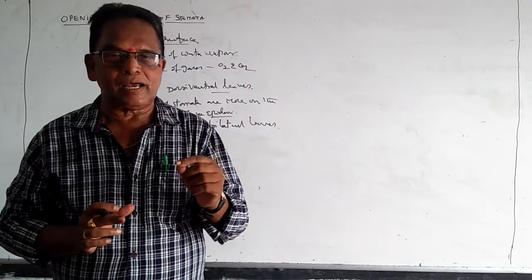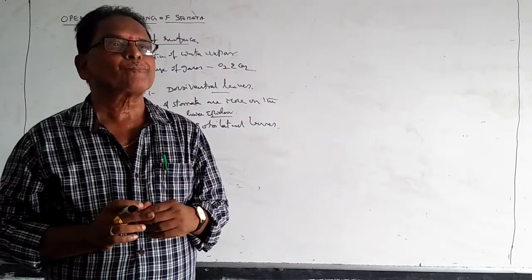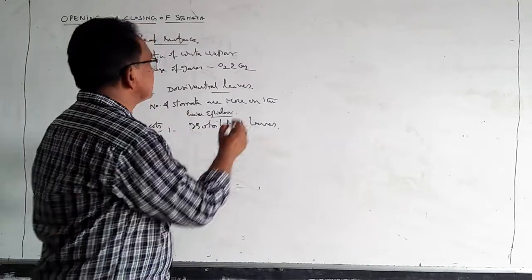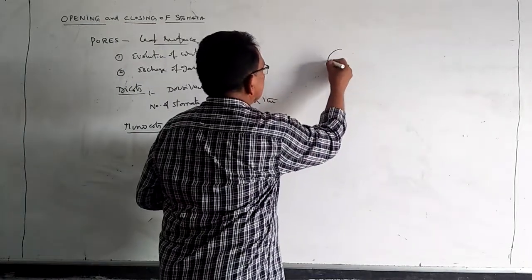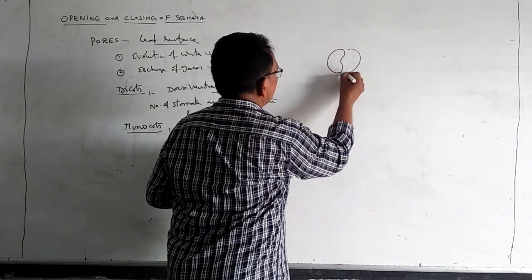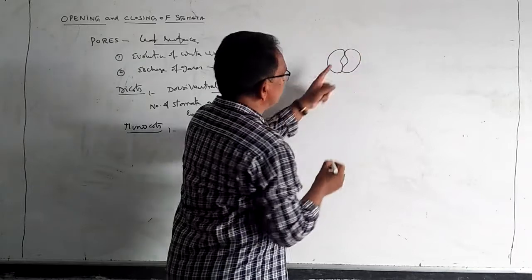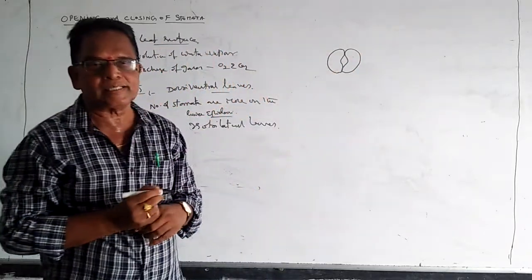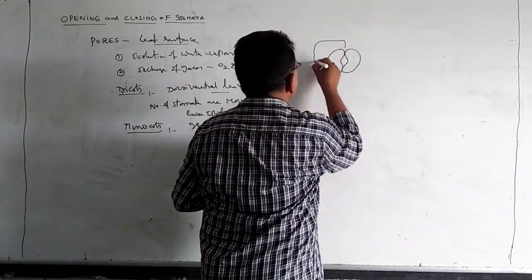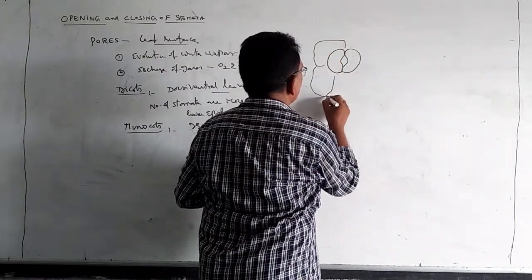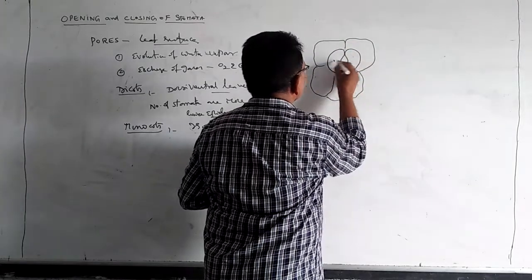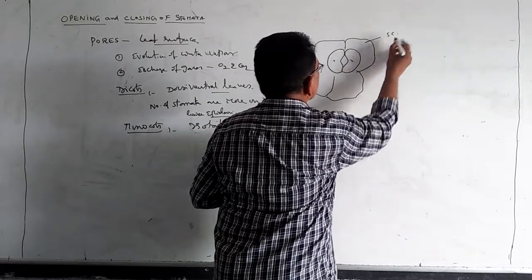And these stomata are minute pores, and if we observe a stoma, each pore is guarded by two guard cells. These are the guard cells, and these guard cells are in turn surrounded by cells which are called subsidiary cells.